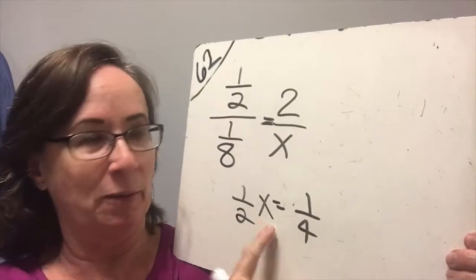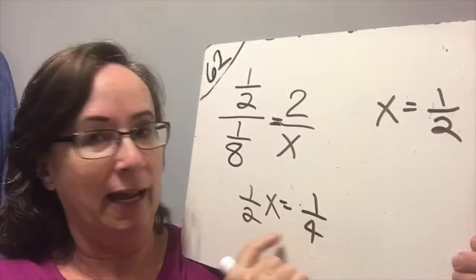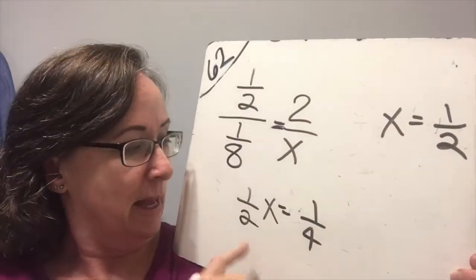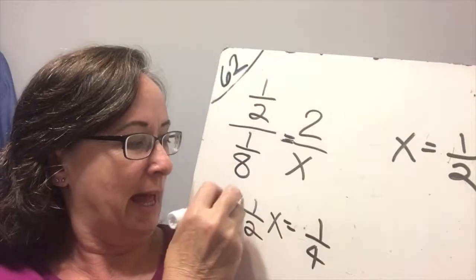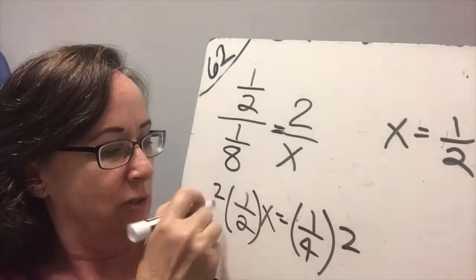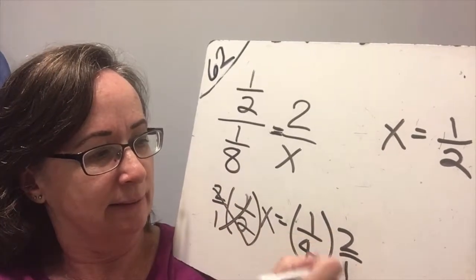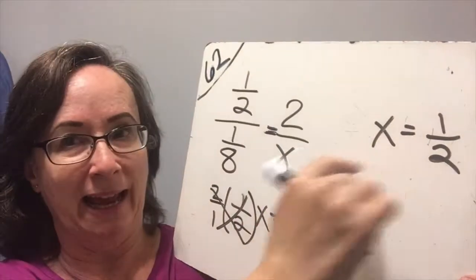Doesn't X have to be 1/2? Because 1/2 times 1/2 is 1/4. But we could multiply by 2 on this side and 2 on this side to get rid of our 2. And then we get 2/4, which is 1/2.